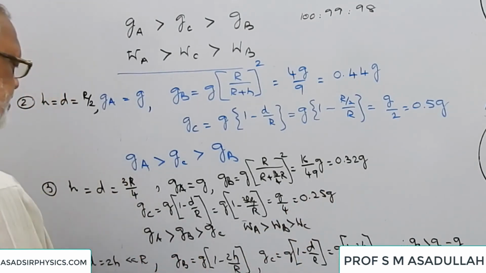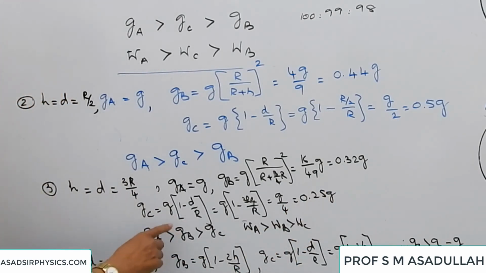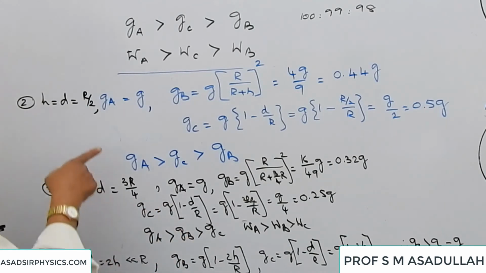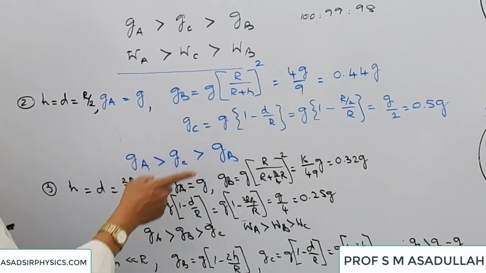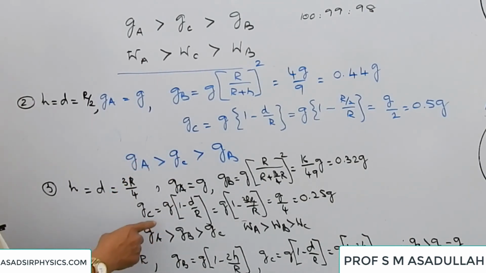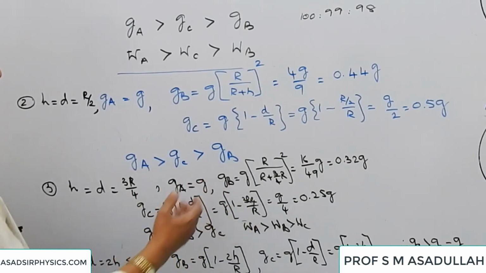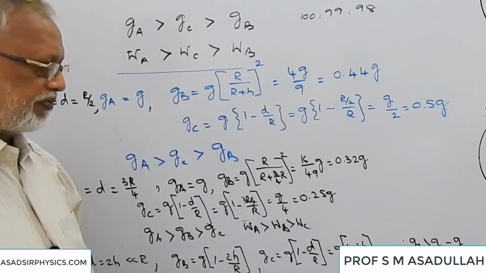So the sequence is Ga greater than Gb greater than Gc. Earlier we had Ga greater than Gc greater than Gb. Here it is Ga greater than Gb greater than Gc. Our weight at A will be more than weight at B, that will be more than weight at C. That means the same sequence need not be there every time.